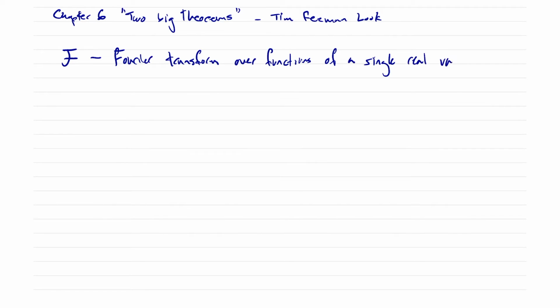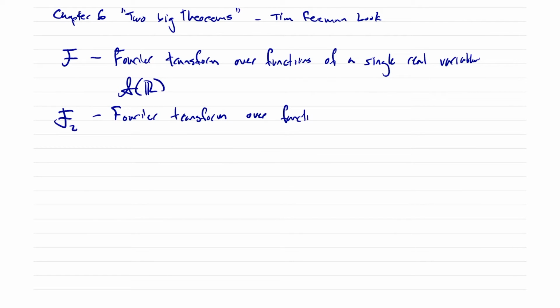So we're thinking of its domain as, say, something like the Schwartz space of R. Then we have F2, and this is the Fourier transform over functions of two variables.